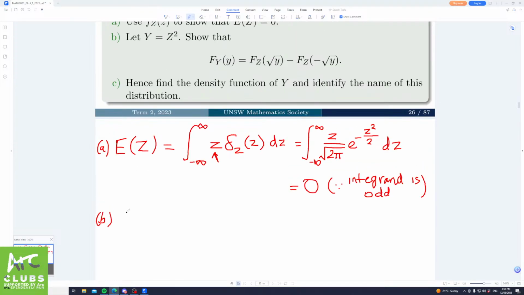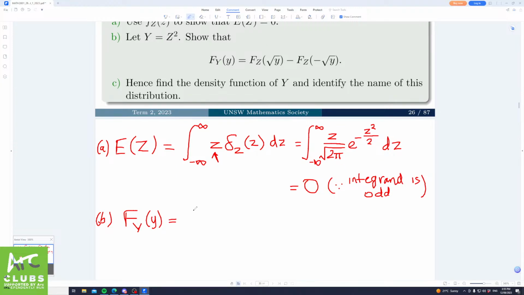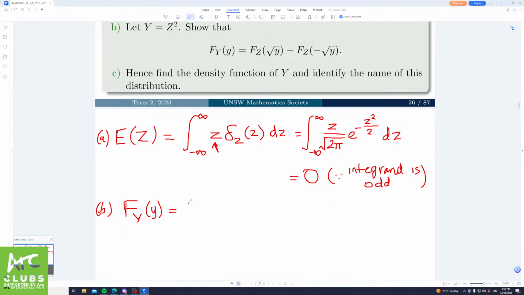But part B, we have F of Y is going to be equal to, well, we know that the CDF of Y is equal to the probability that our random variable, capital Y here, is less than or equal to little y.